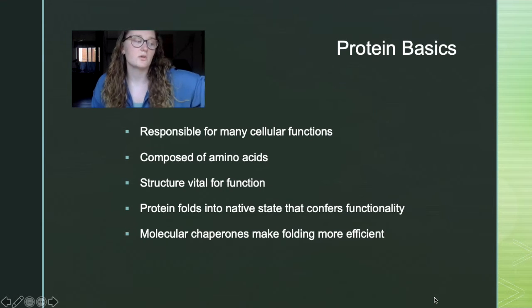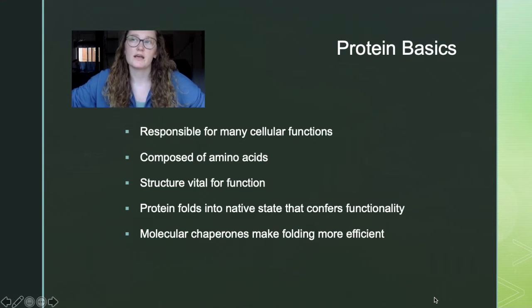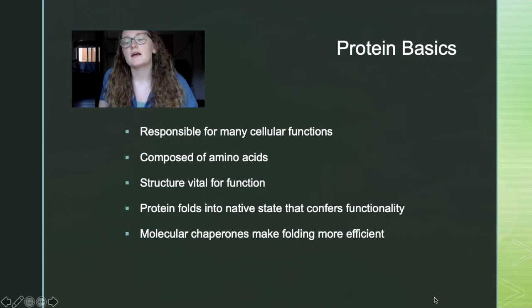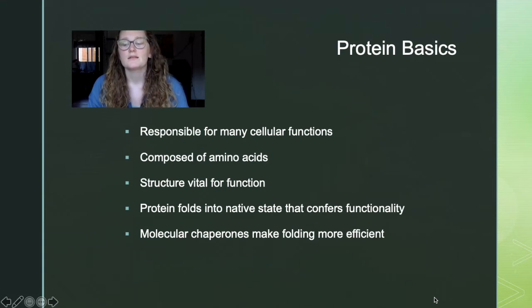The best way to visualize this process, you can imagine a long string of amino acids, and these amino acids all have different properties, and the long string of amino acids that is the protein is going to condense down into the shape that you want it to be. And this happens via a process called protein folding.